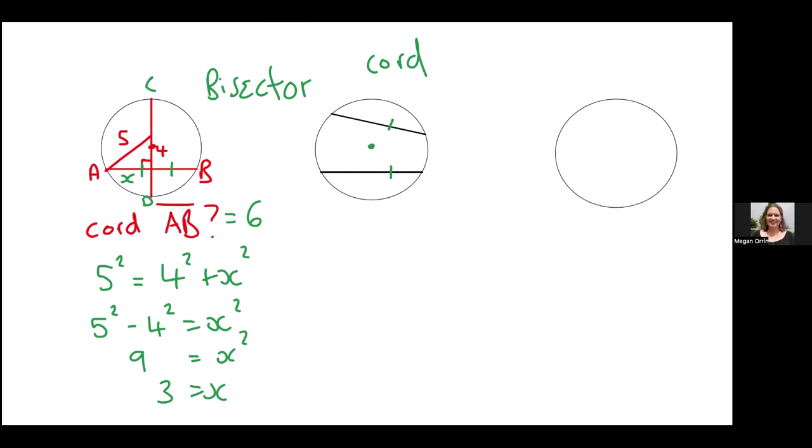If these chords are equal in length, that means that any line from the center to the chords is also going to be equal. If these two are equal, so is any line you can draw from the center. If I drew these two lines, they would also be equal.